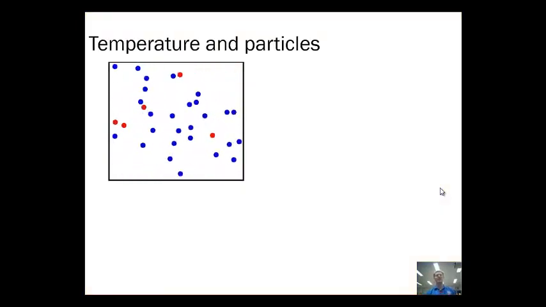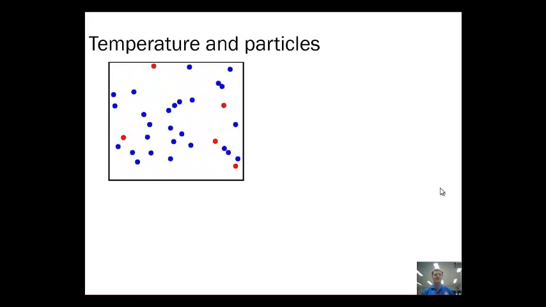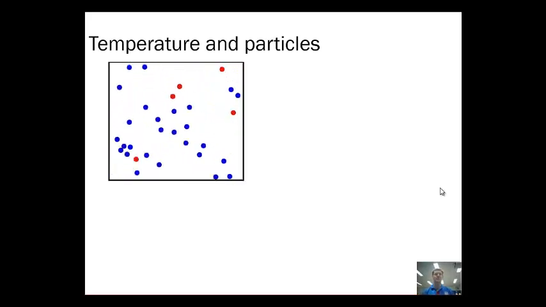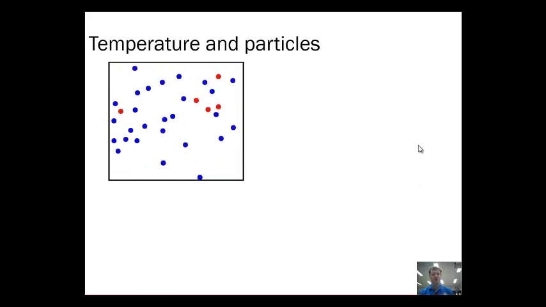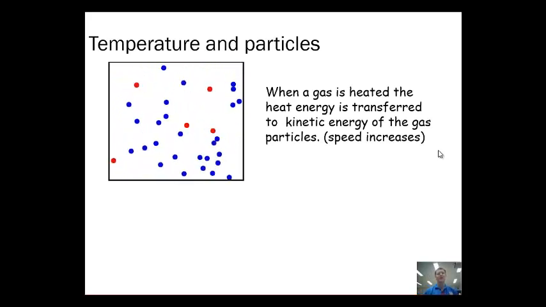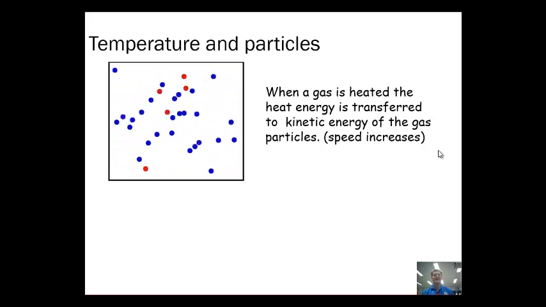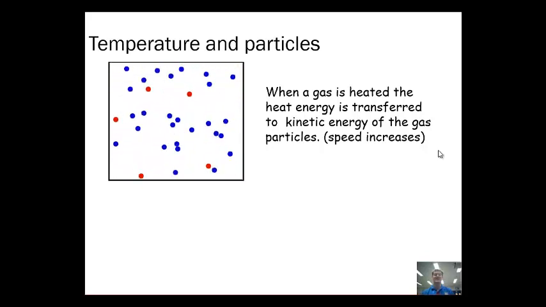Now I'm going to try and link some ideas up. Let's think about temperature and particles. Temperature can be considered to be a macroscopic measurement. At a microscopic level, when a gas is heated, its heat energy is transferred to the kinetic energy of the gas particles.